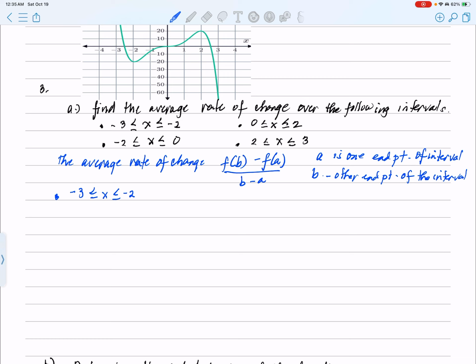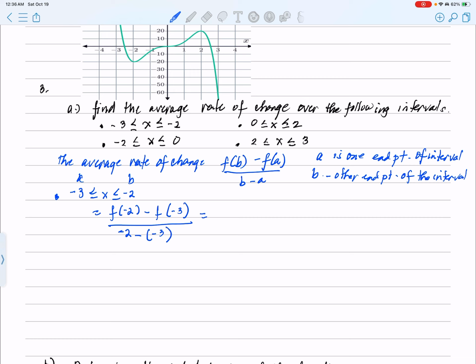I will make this the A and the B, since B is greater than A. So I will do function of -2, which is function of B, minus function of A, which is -3, over -2 minus -3.